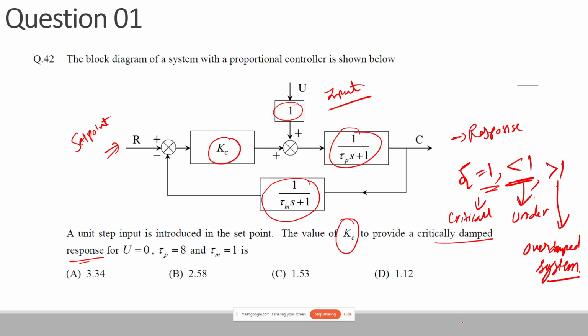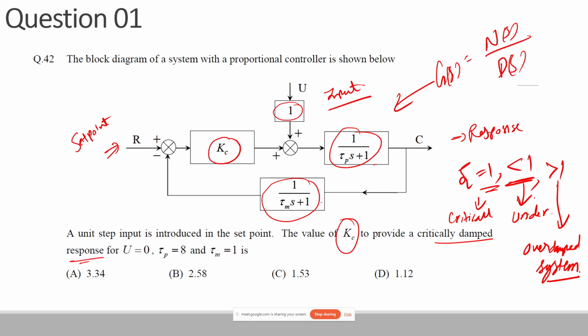So using this block diagram, what we need to do is write the transfer function of the form N of s upon D of s, that is numerator upon denominator. Since we have these two transfer functions in the s domain, ultimately the denominator will be a second order equation.